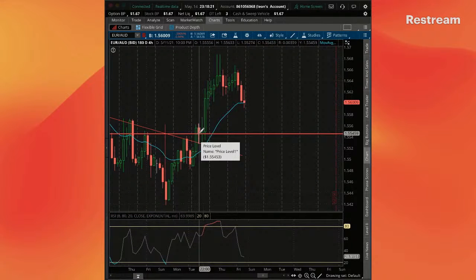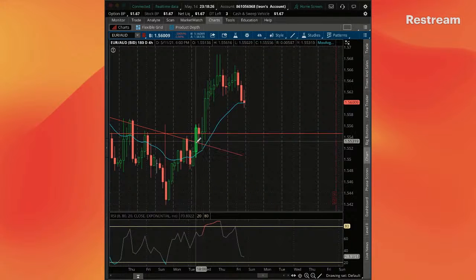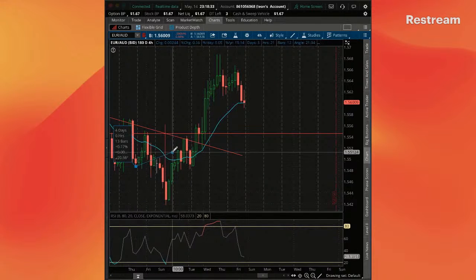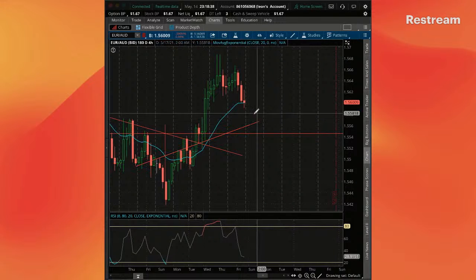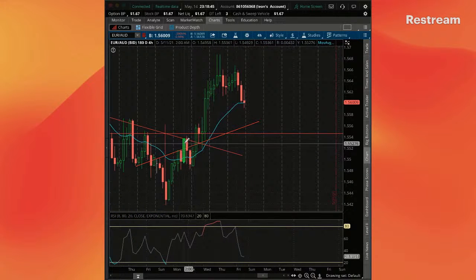So we're going to use this candle first, and then we're going to use this candle. It's going to retrace right back here, 55.28, before we get the retrace.